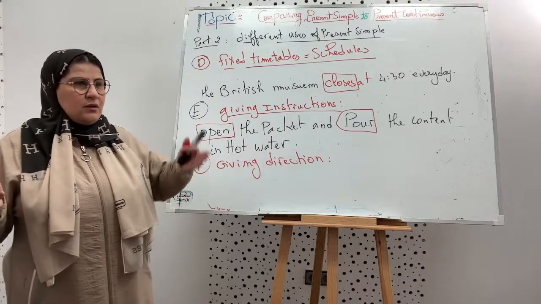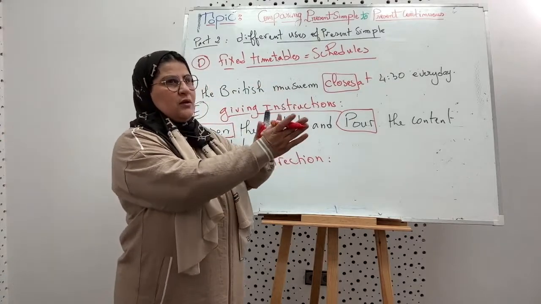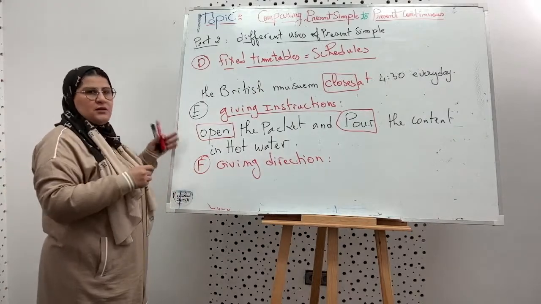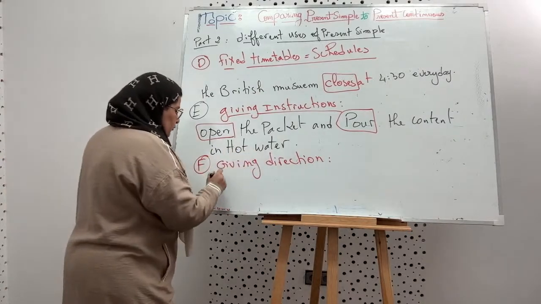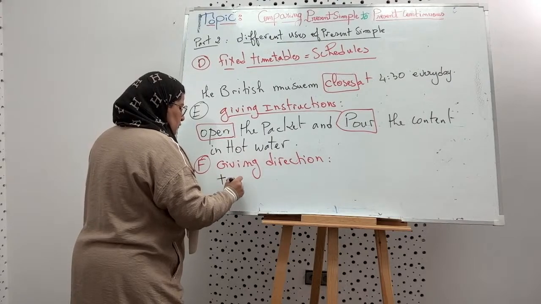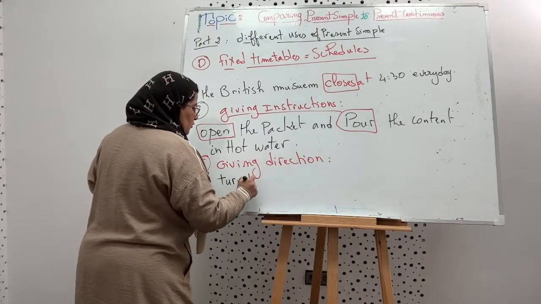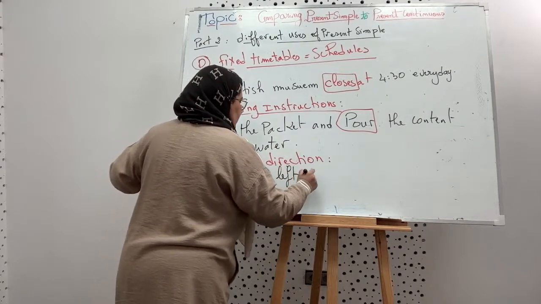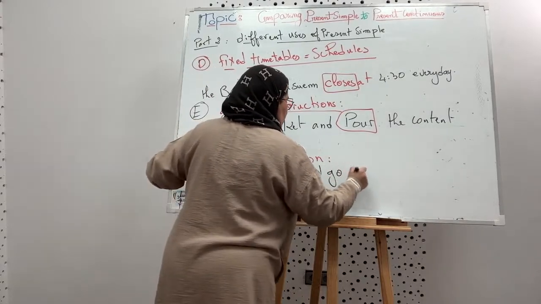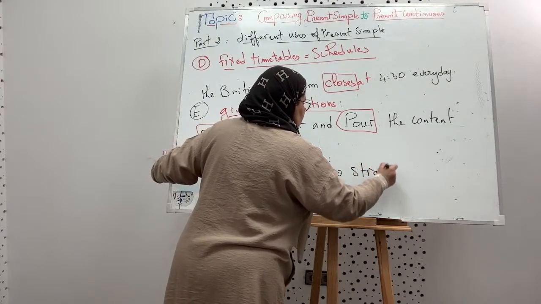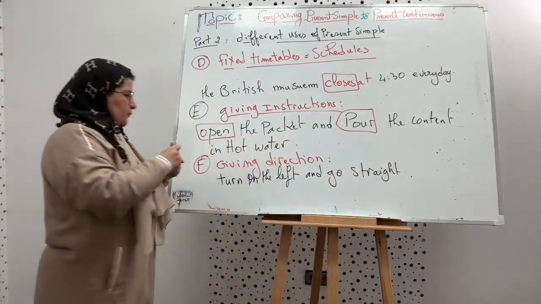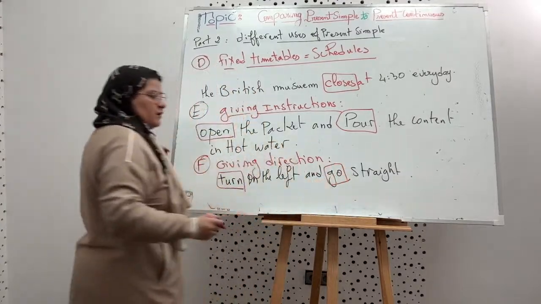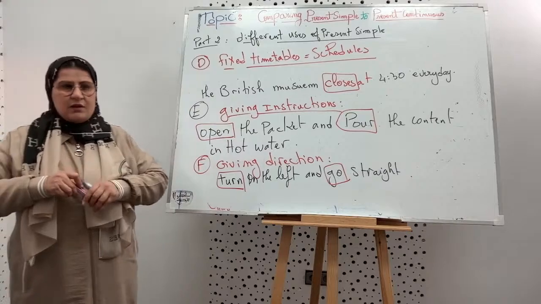Okay, you go straight, then turn on the left and go straight. Turn and go are present simple tense.